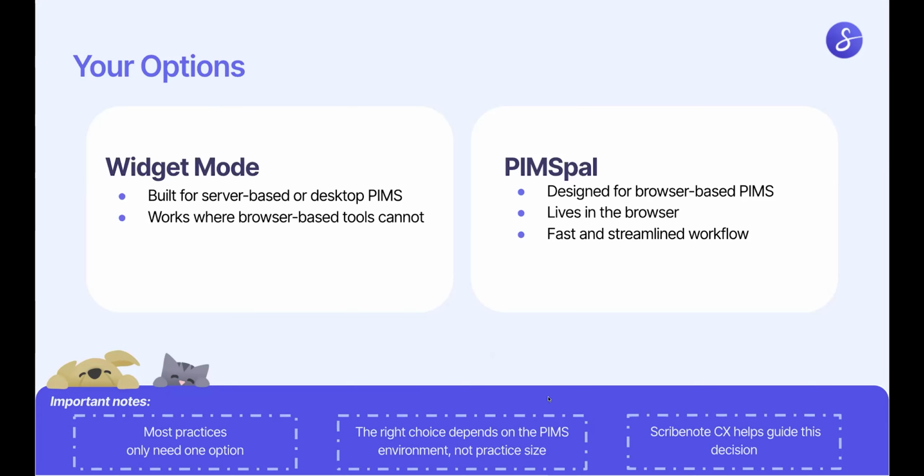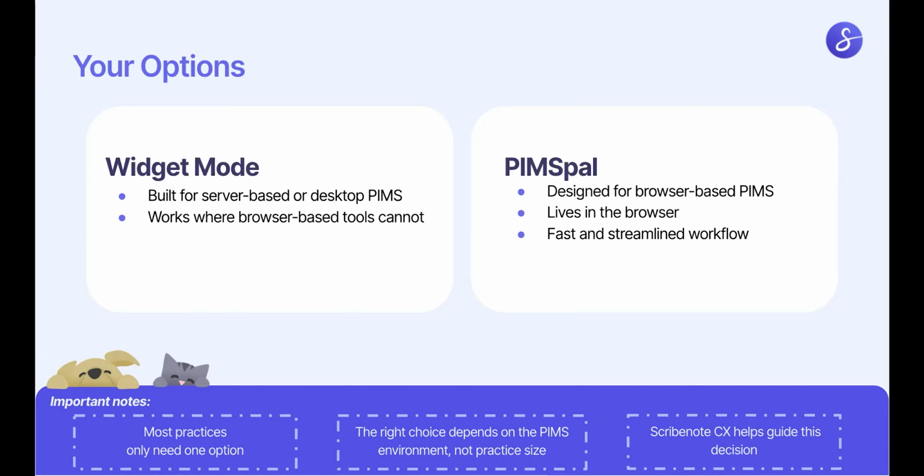It doesn't depend on your practice size. You and your colleague could even use completely different ones if you're both using the same PIMS and capable of doing so. And we're here to help, last but not least. Your customer experience team and your product team here, we'd love to guide you. So any questions that you have, we're excited to hear them and get you some help and some answers.